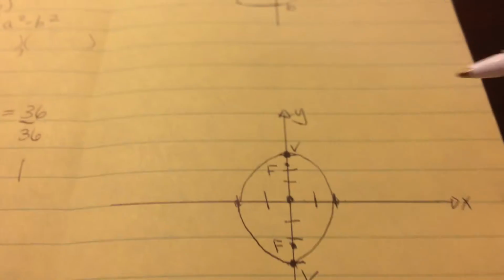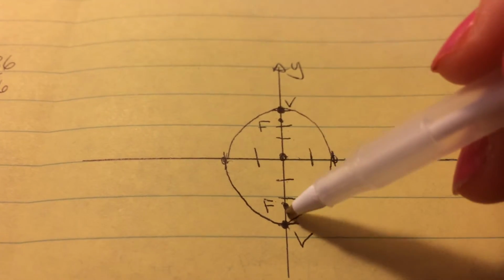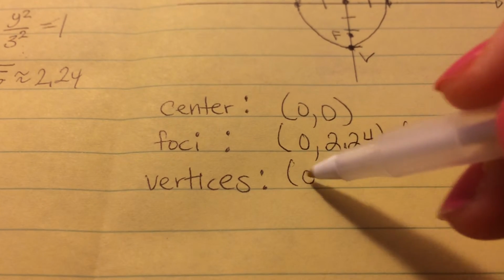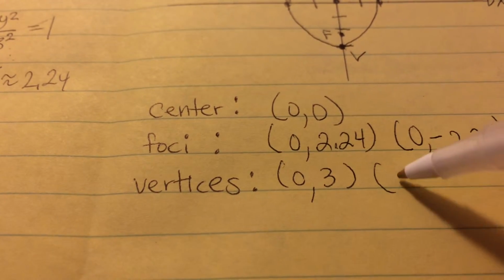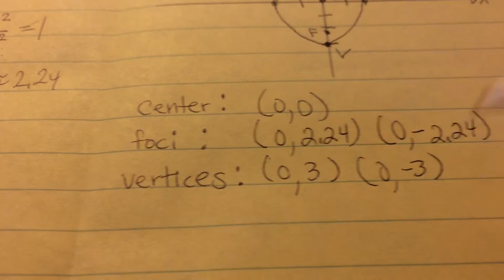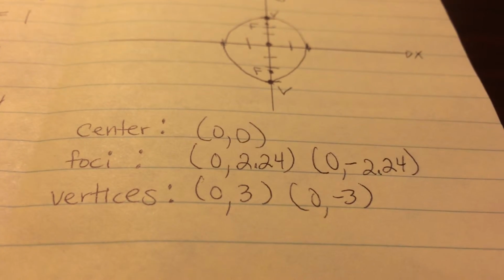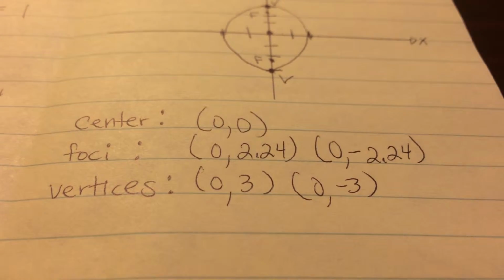Now the vertices are going to be the tips of these right here. And remember, the tips right there, we went a distance of 3. So the vertices would then be 0, 3 and 0, negative 3. Okay, that's it. Those are the things that you're going to look for with the ellipse.